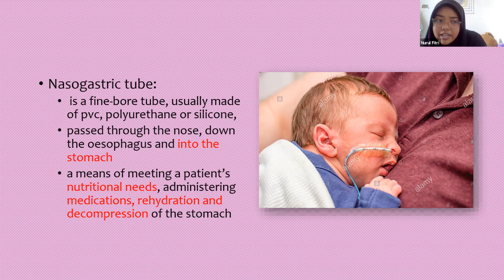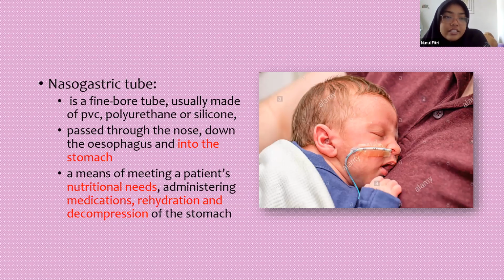It is the most common enteral feeding alternative route because it is easy to use, minimally invasive, and parents can be trained to do nasogastric tube insertion at home. Common indications are to meet patients' nutritional needs, to administer medication and rehydration, and for decompression of the stomach in stomach distension. Okay, next slide.